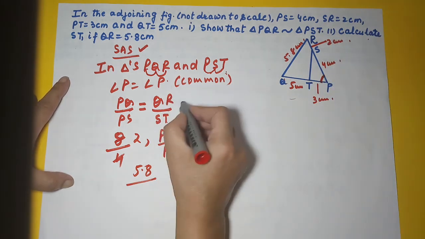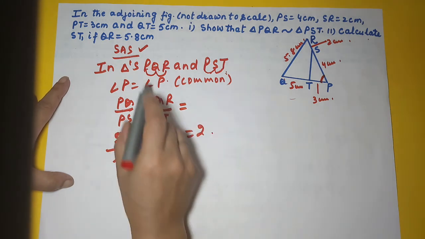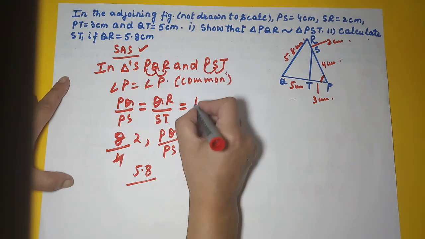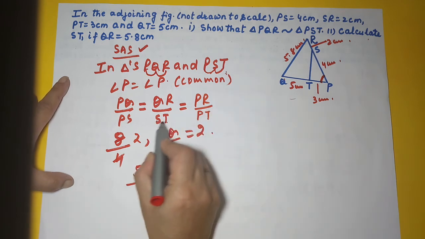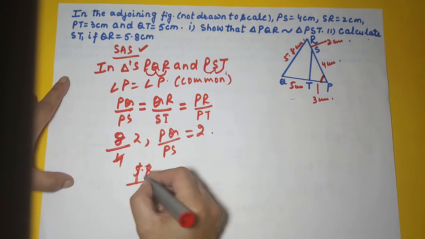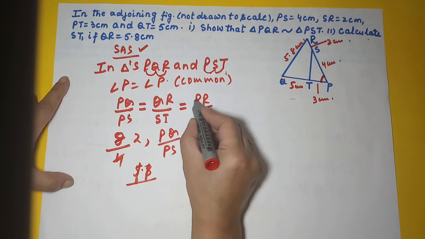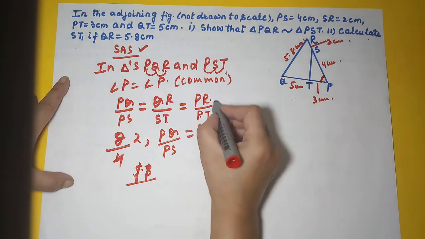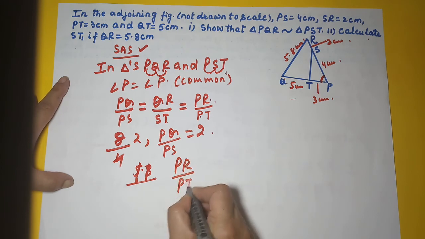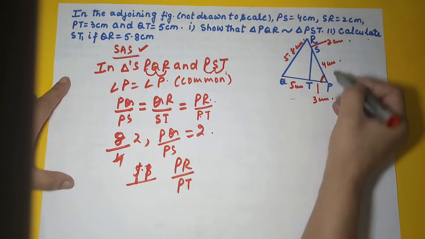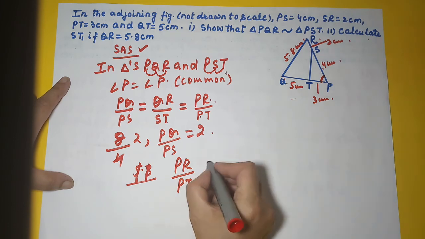Okay. So there is one more equality which we can set here. PR upon PT, right? PR upon PT. Here we can't take this because ST is not given. So I will not take this. I will check for PR by PT. It should also come as 2. Let me check what is PR by PT. What is my PR? 4 plus 2 is 6.